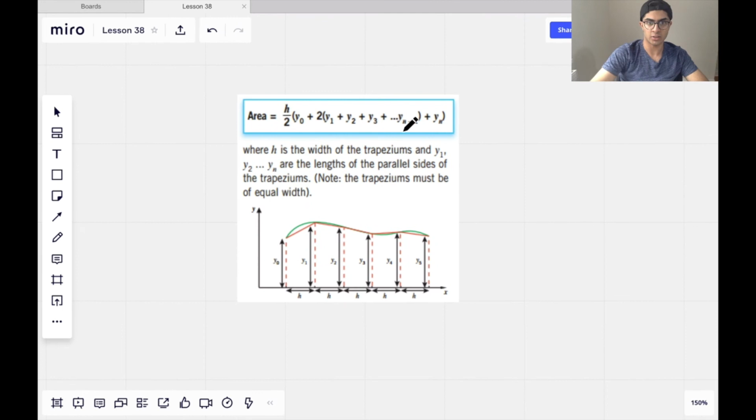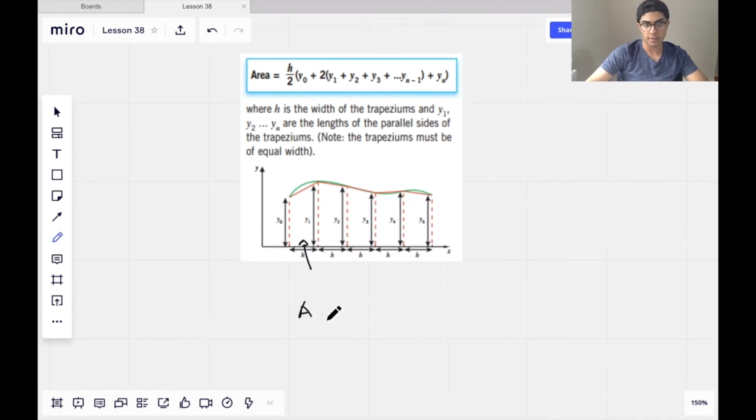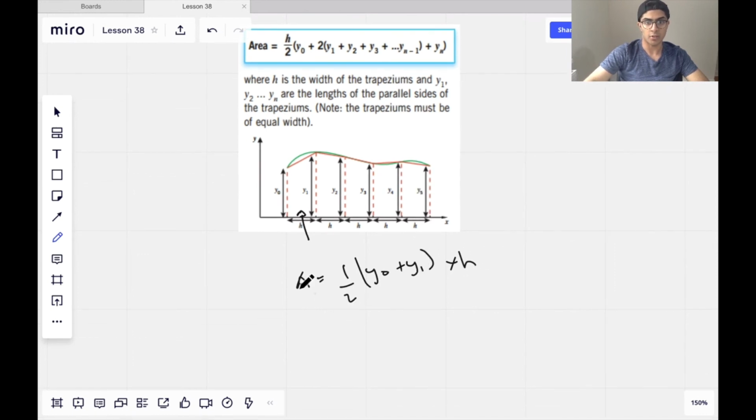Well, the area of this first trapezium, a1, is equal to a half (y0 plus y1) times by h. And then the area of the second trapezium, a2, is equal to a half (y1 plus y2) times by h.